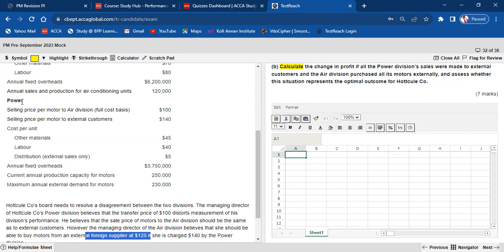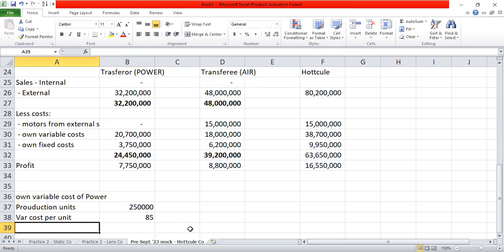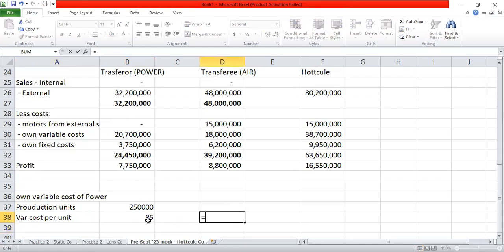I see the 45 plus 40 plus 5. First of all, I see the 45 plus 40 being spent to produce all the 250,000.